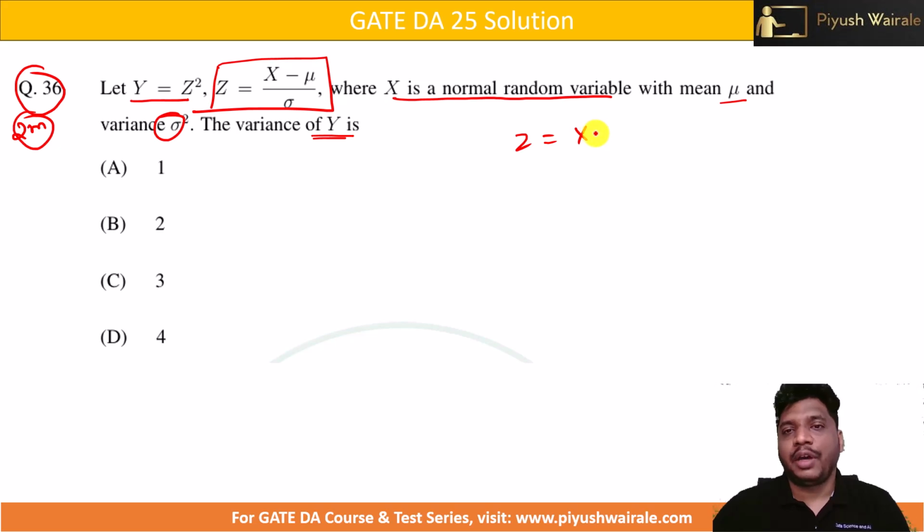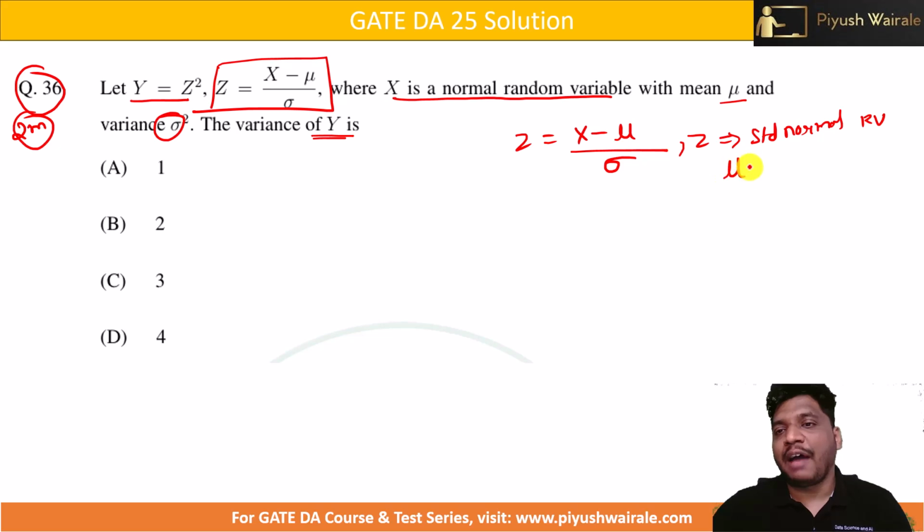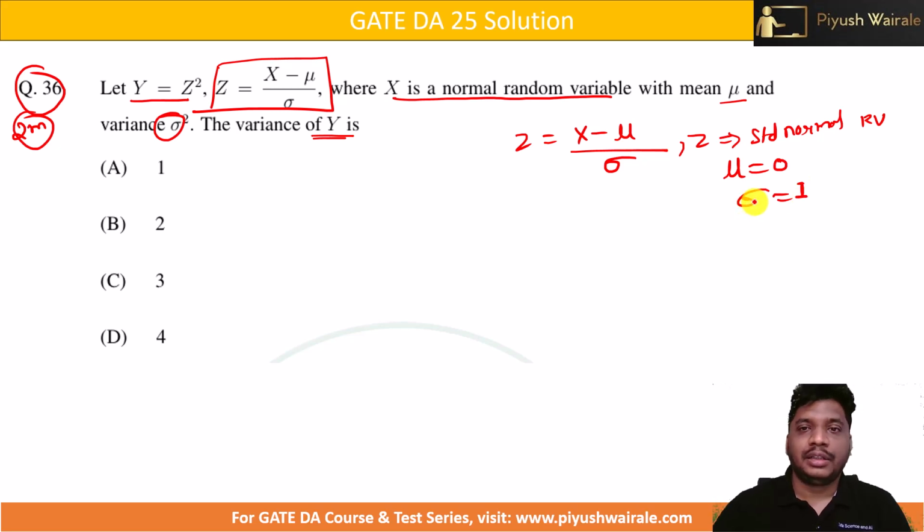If x is a normal variable, and we subtract mu and divide by the standard deviation, it means that z is a standard normal random variable, having mu equal to 0 and deviation equal to 1.